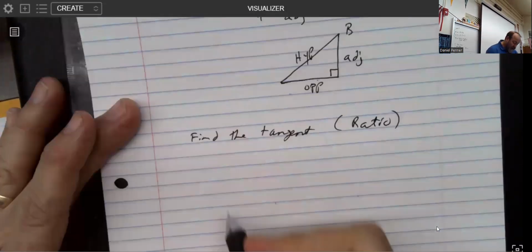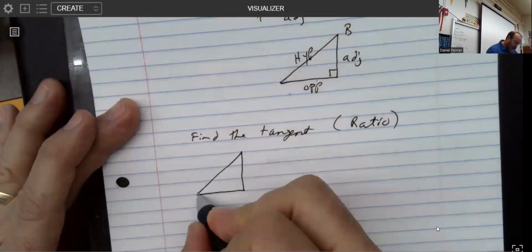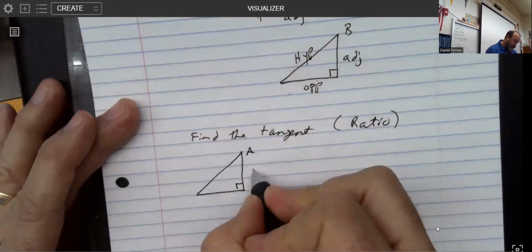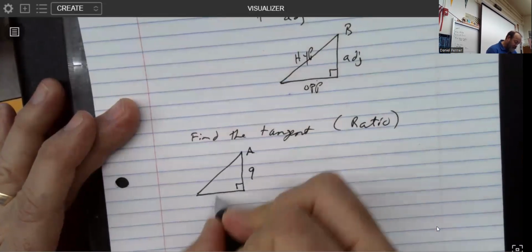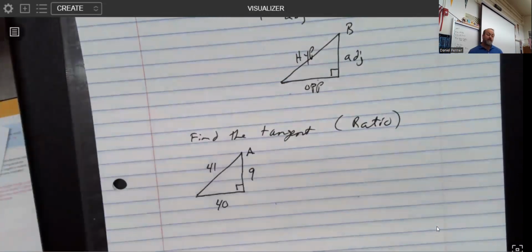So frequently you'll have problems like this where maybe we put A right here and I told you this one was 9. Let's say this was 41 and this is 40. Keep in mind these are right triangles, so they do have to satisfy the Pythagorean theorem, so I can't just make up whatever numbers I want.